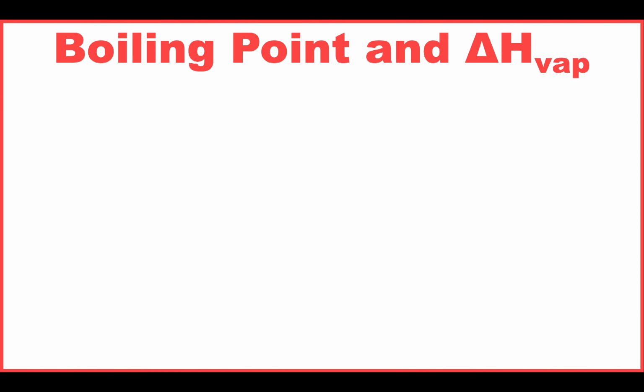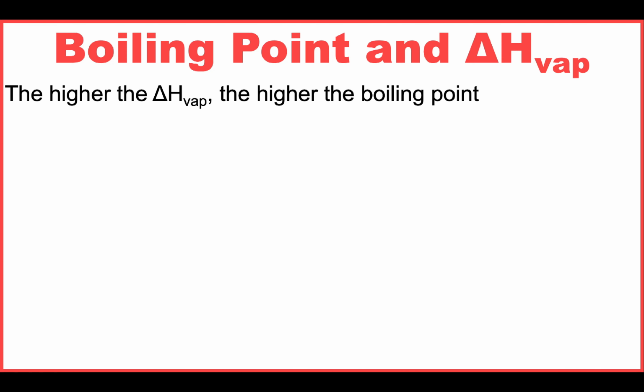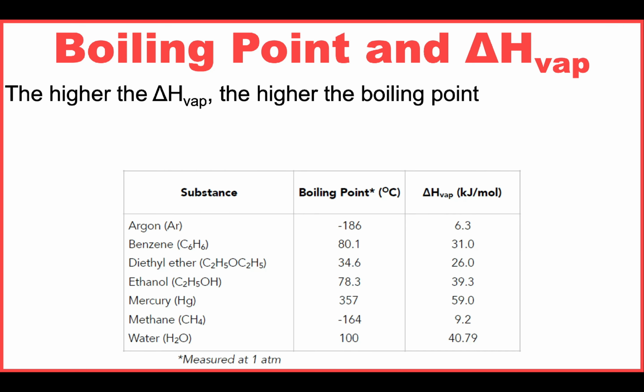So the higher the molar heat of vaporization, the higher the boiling point, as shown in this table. As you can see, argon has a boiling point of negative 186 and the molar heat of vaporization is 6.3. Mercury here has 357 degrees Celsius as its boiling point, and the molar heat of vaporization is 59 kilojoules per mole.